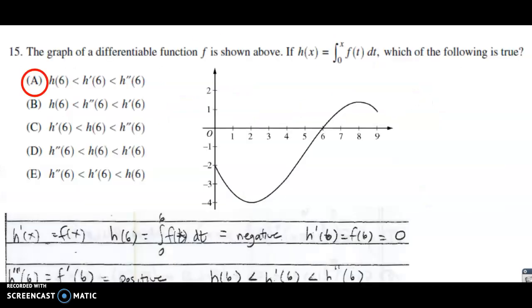Number 15, we have an original function f. It is differentiable, therefore f is continuous. h is defined to be the integral of f of t, so by FTC part 2, h prime is equal to f. So when we see this graph as f, we can also see it as h prime, and we're putting these numbers in order.